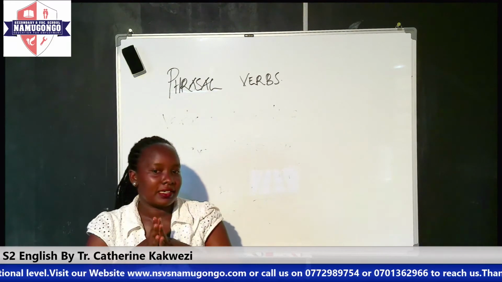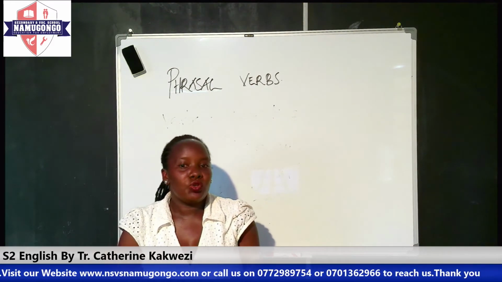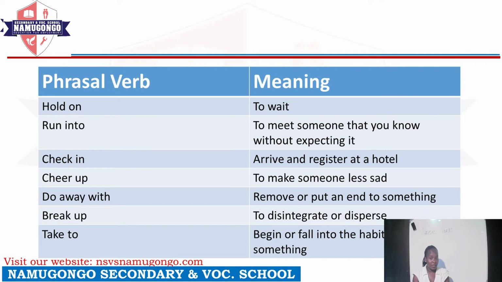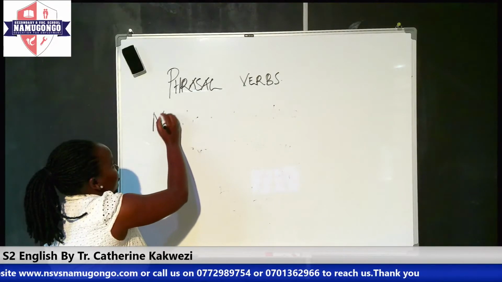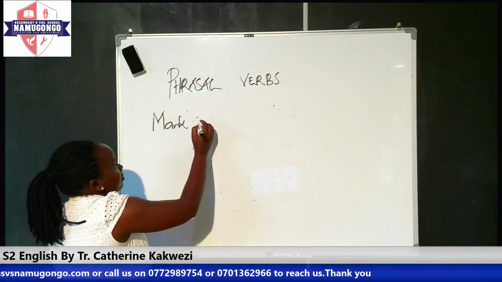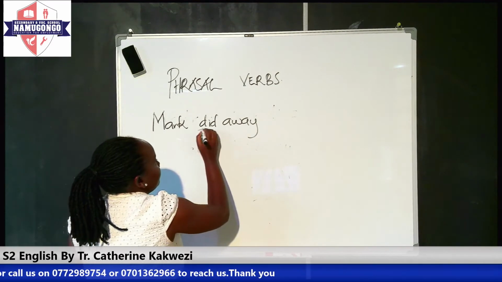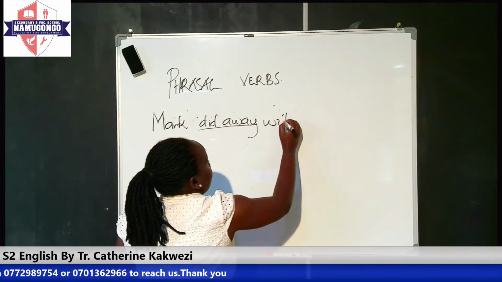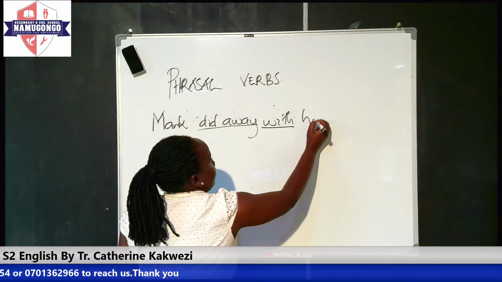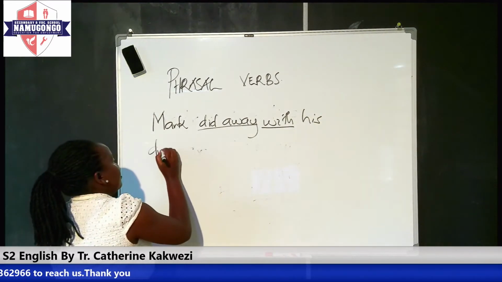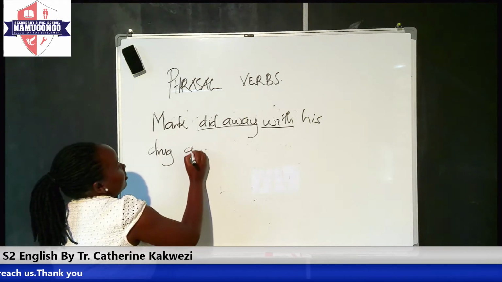For example, our next example, do away with. To do away with something means to remove or put an end to something. When you do away with something, let me give you an example of a sentence. Mark did away with his drug addiction.